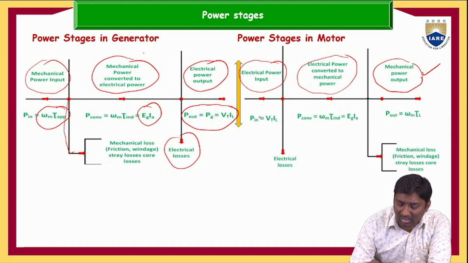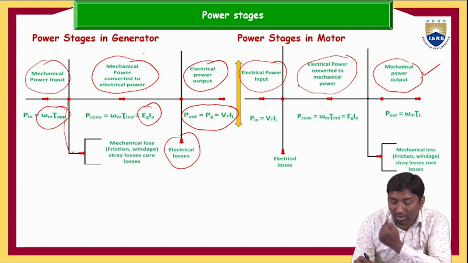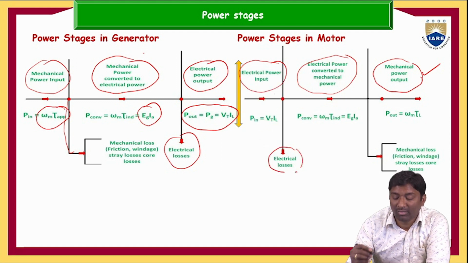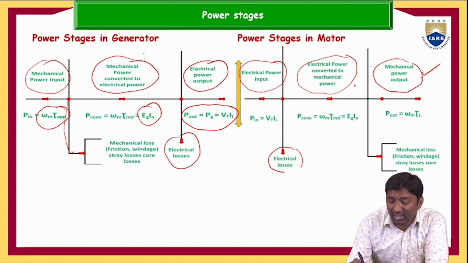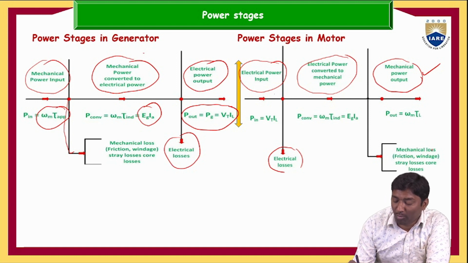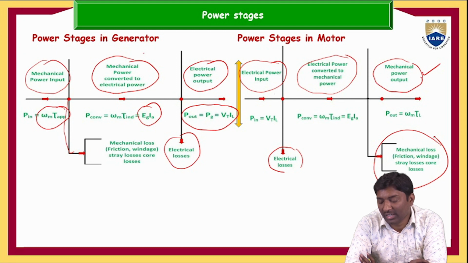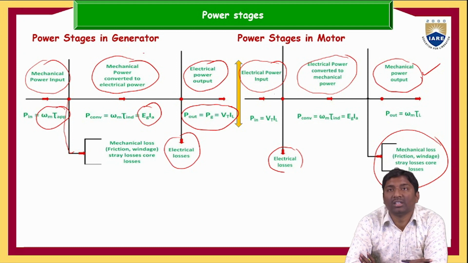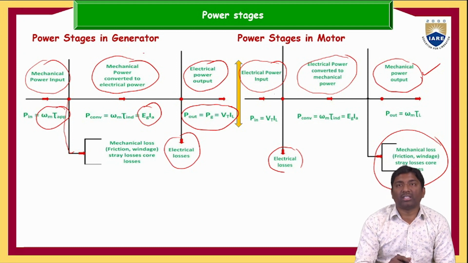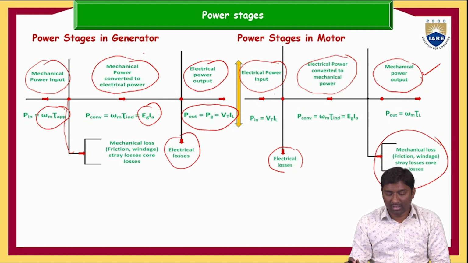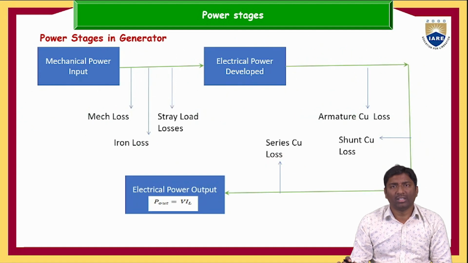In the motor, between the input and the conversion process we get the electrical losses, and between the conversion process and the output we get the mechanical losses, that is friction, windage and stray losses. So these losses are there in the power stages of the DC machine.